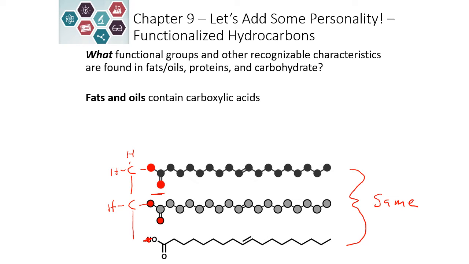So we wouldn't have the hydrogen at the end, but we would have this backbone that holds the three fatty acids together, and that's why they're called triglycerides. You may have heard that term before, you may not have. And they contain three fatty acids.